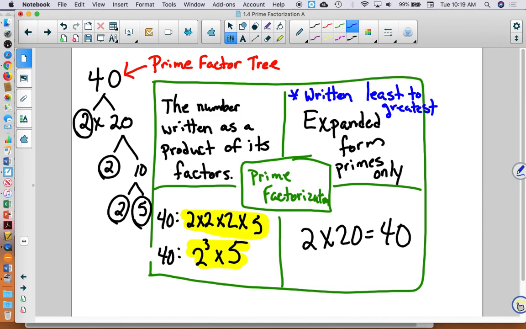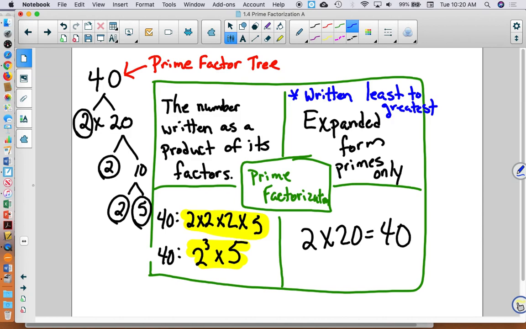Back to math. Do you see, though, where if I organize my prime factor tree from least to greatest, how much easier it is just to write it there than over here, where I've got to remember to put it back in order? There I've already got it in order.